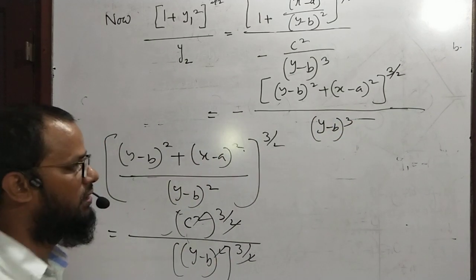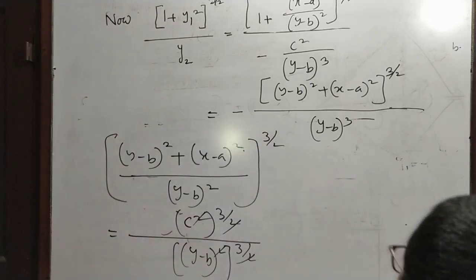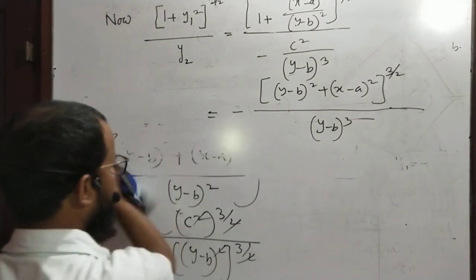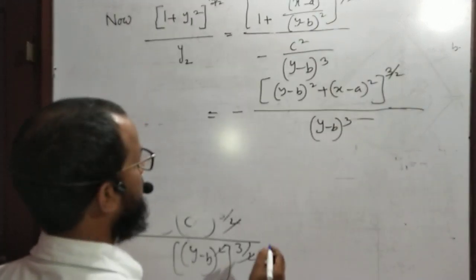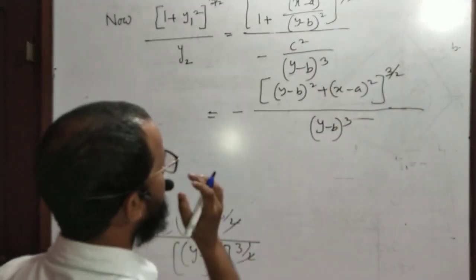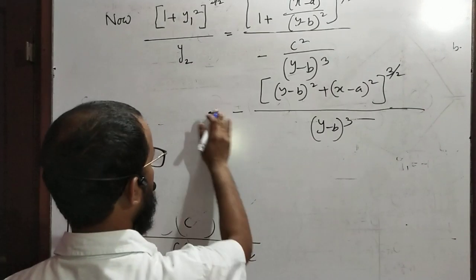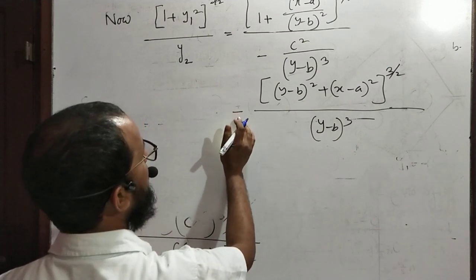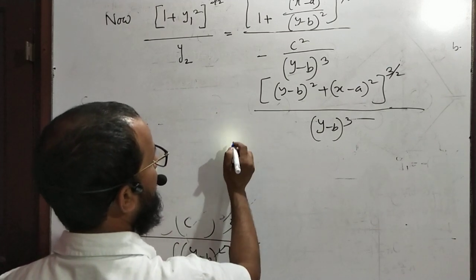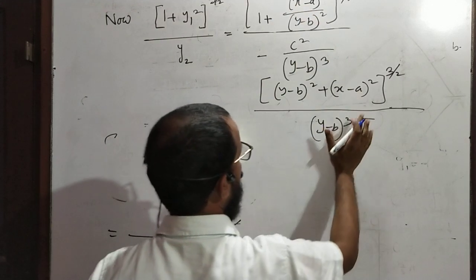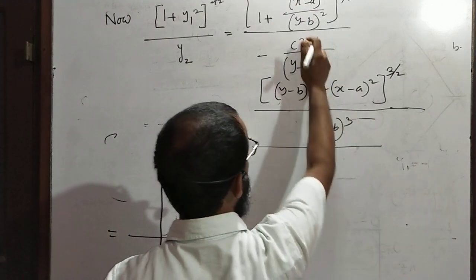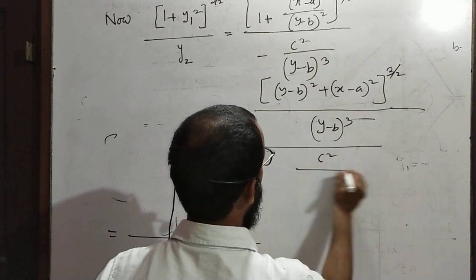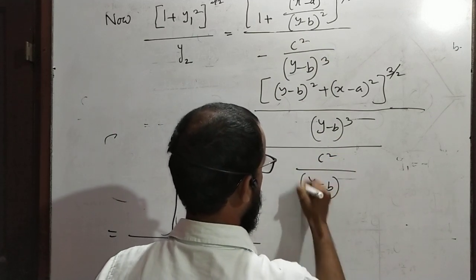Because of this. Okay, finally, और उसके नीचे ये तो है, उसको एलसीएम लेने के बाद ये मिल रहा है, तो इक्वल माइनस इसके नीचे क्या था, c square divided by (y minus b) whole cube.